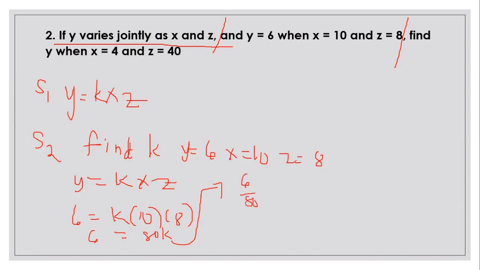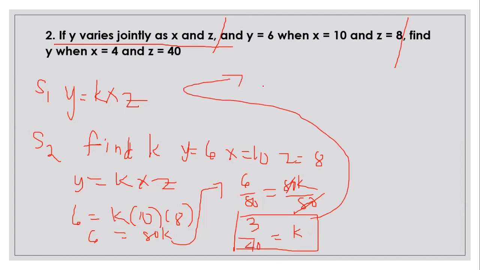So 6 over 80 is equal to 80k over 80, so we cancel 80. Then simplify 6 over 80. By dividing both sides by 2, the answer is 3 over 40, which is the value of our constant k.